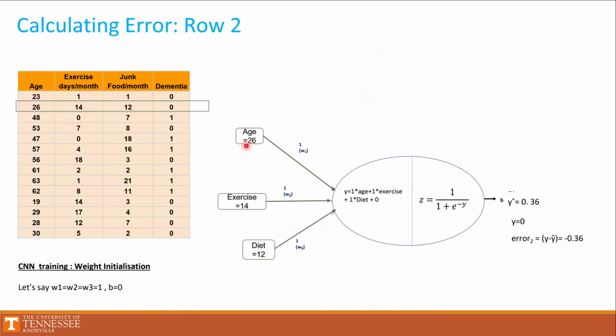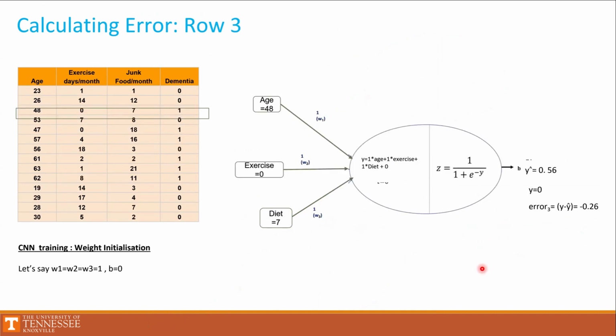In the second row as well, it has 26 age, 14 exercise, and 12 junk food per month. So the final answer that we are getting here is 0.36. Again, the error is pretty high. This is error 2. Similarly, it goes on to row 3 because weight initialization was done. It was the same weight, and it computes, and this is your error.